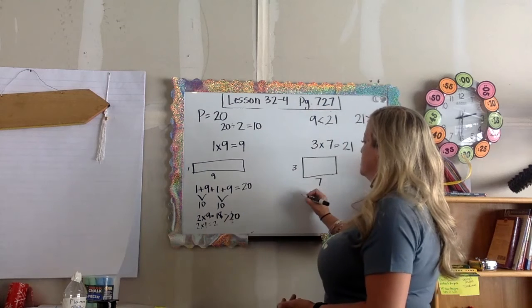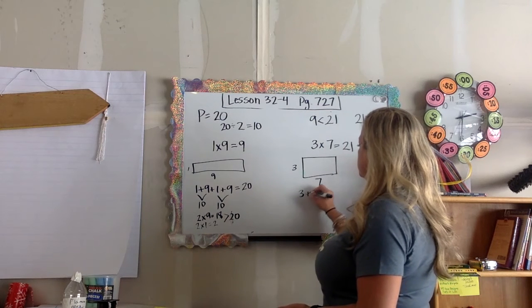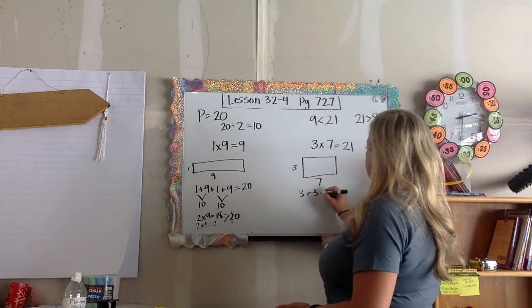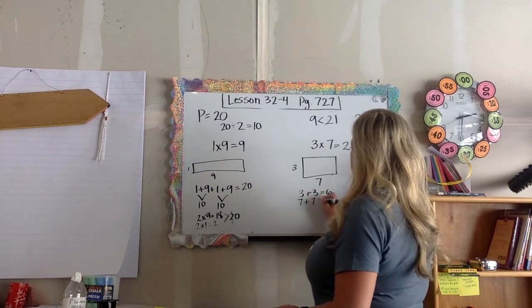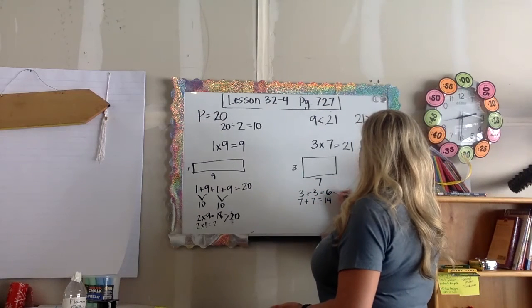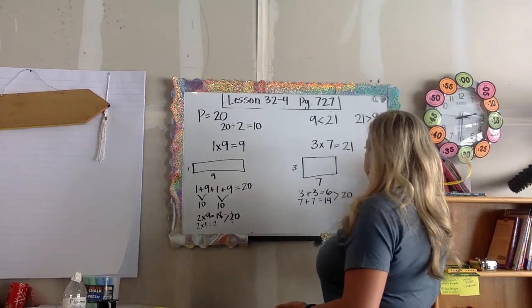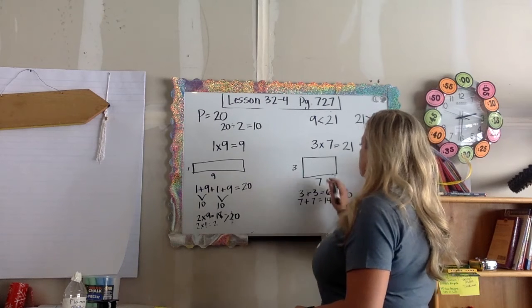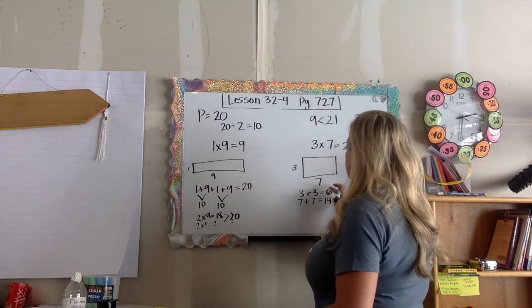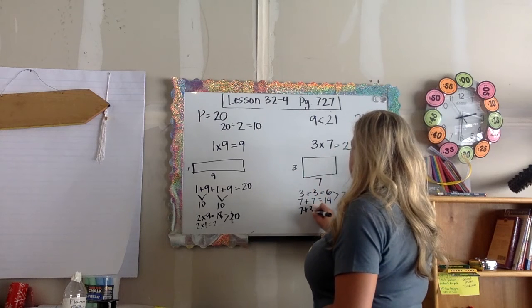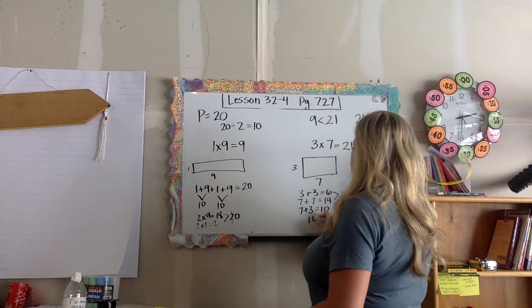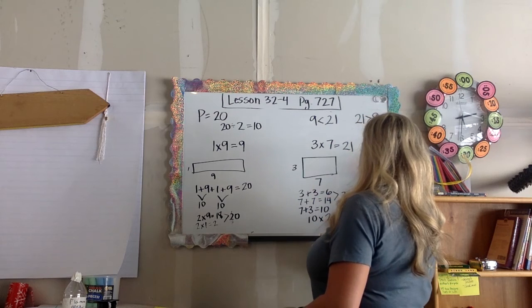Over here, I'm going to do 3 plus 3 equals 6, 7 plus 7 equals 14. 14 plus 6 is 20. Now I could also do the multiplication, which I like, or I could do 7 plus 3 is 10. 10 times 2 is 20.